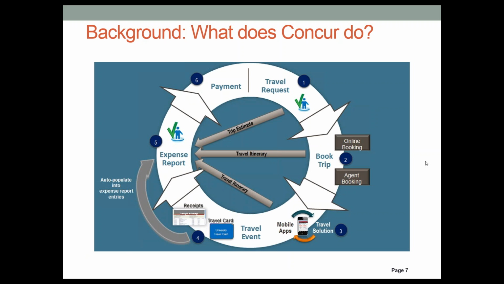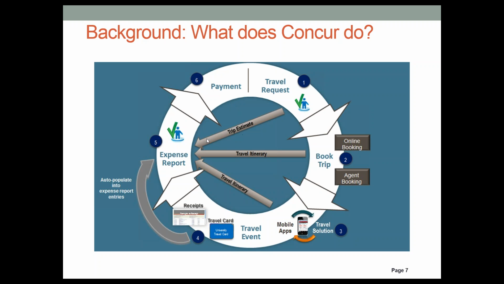So what does the Concur system do? This is a very busy slide that shows the life cycle of a travel event where we create a travel request, we book the trip, we can use our mobile app for travel, etc. We've got our university travel card, our electronic receipts.